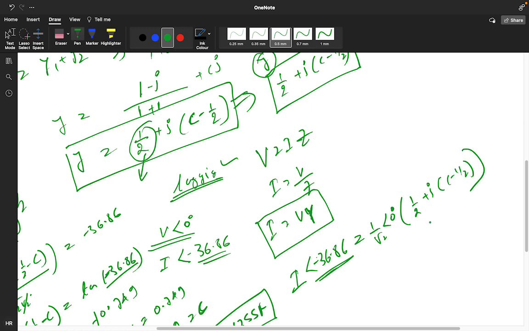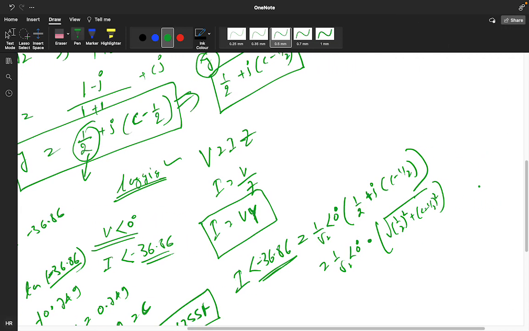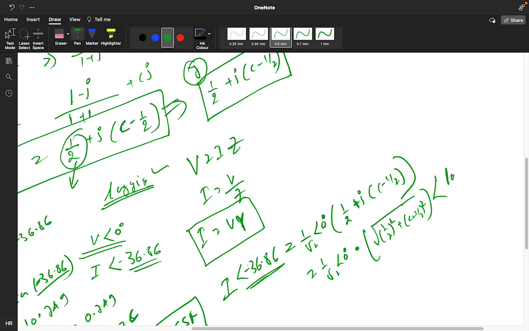If you convert this into the polar form, what will you get? 1 by root 2 at an angle 0 into root of 1 by 2 the whole square plus c minus 1 by 2 the whole square, at an angle tan inverse of c minus 1 by 2 divided by 1 by 2.